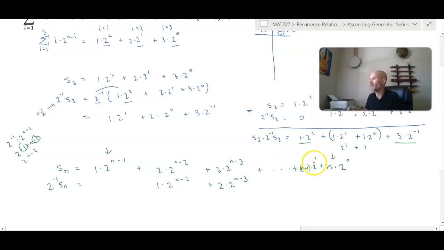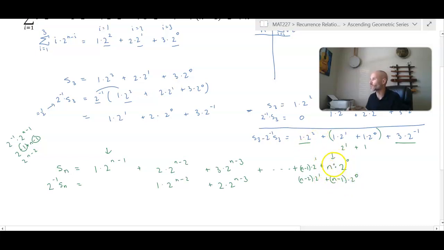But if we multiply n minus 2 times 2 squared by 2 to the negative 1, we'll have n minus 2 times 2 to the first. And then this term also will shift over this way, and n minus 1 times 2 to the first times 2 to the negative 1 will become n minus 1 times 2 to the 0.